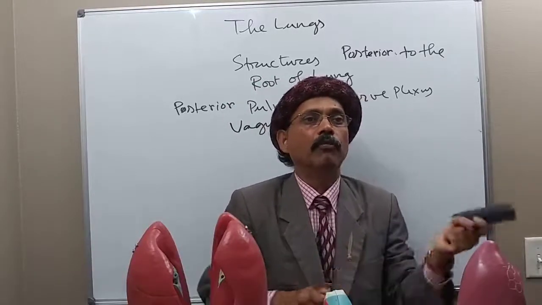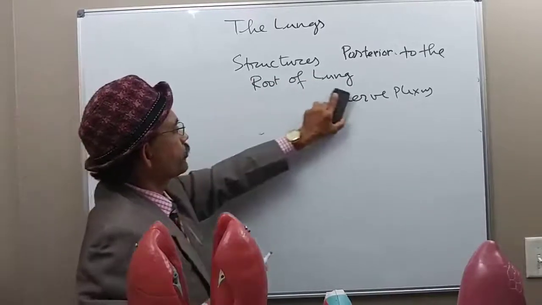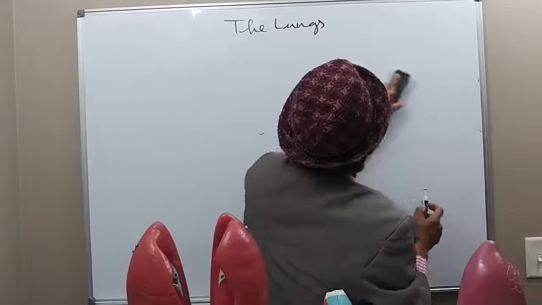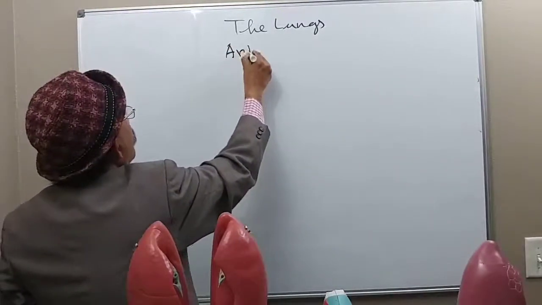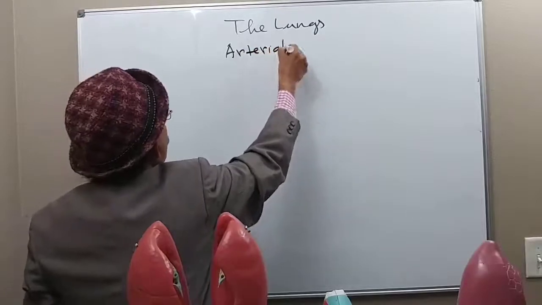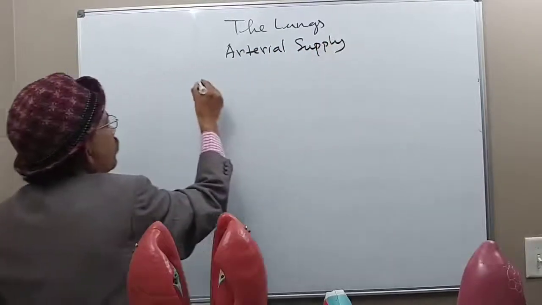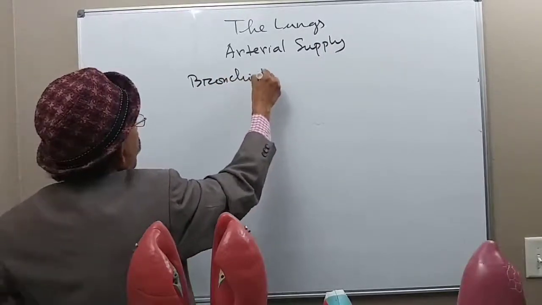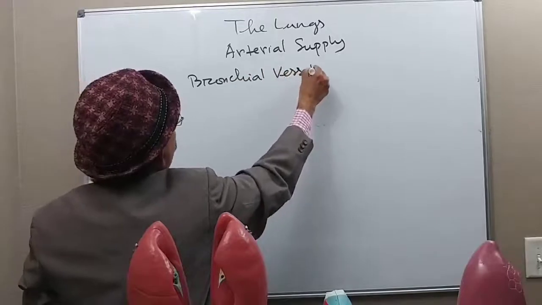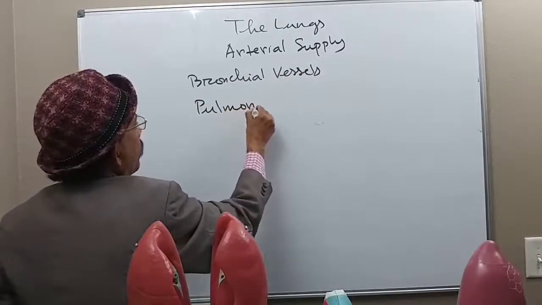Now go to the arterial supply of the lung. We have bronchial vessels and pulmonary vessels.